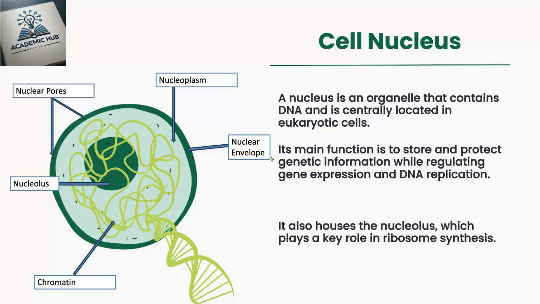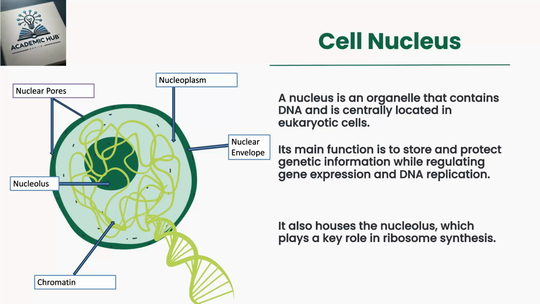The nucleus is one of the most important organelles in eukaryotic cells. It serves as the control center, directing all cellular activities by storing and protecting the cell's genetic material, that is DNA.